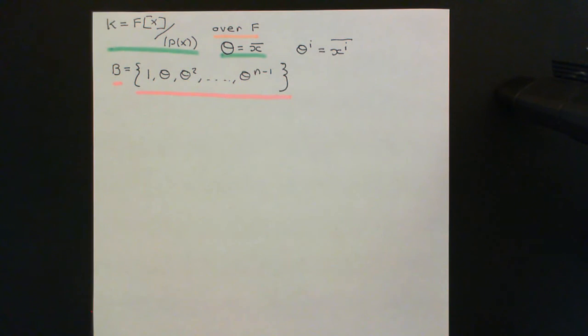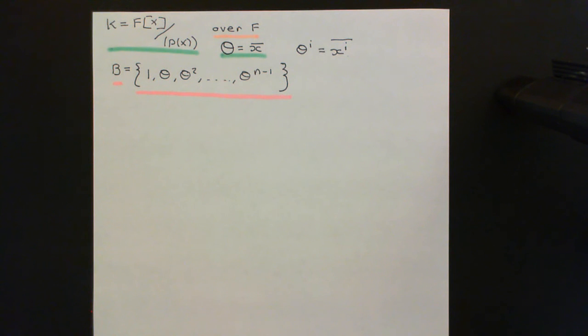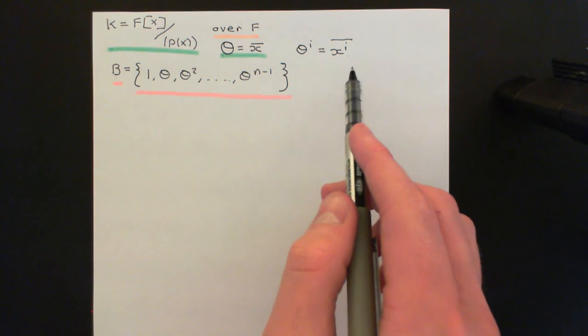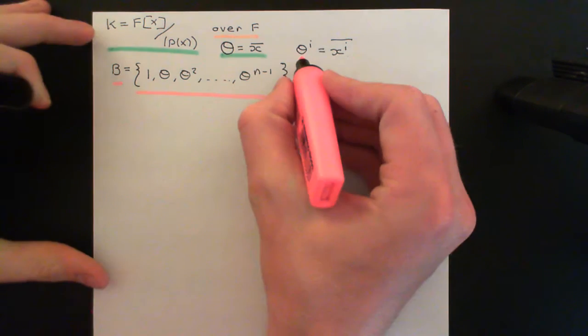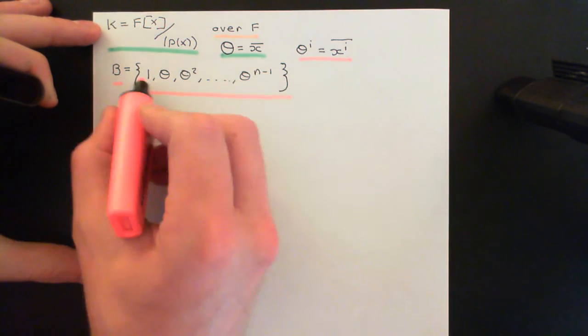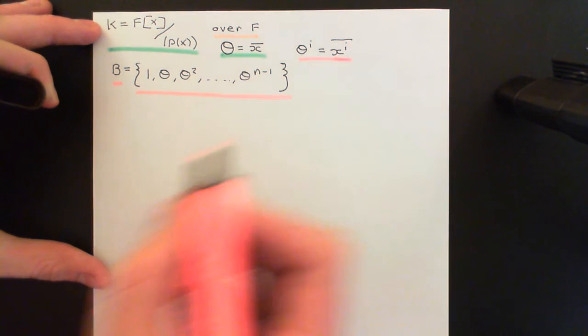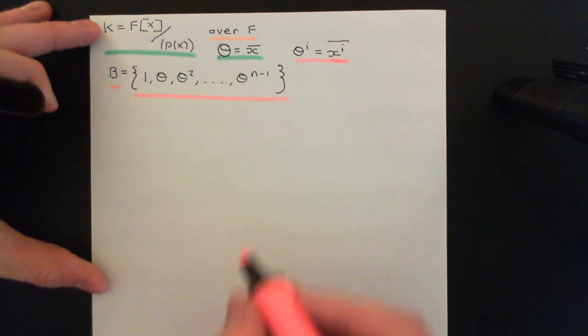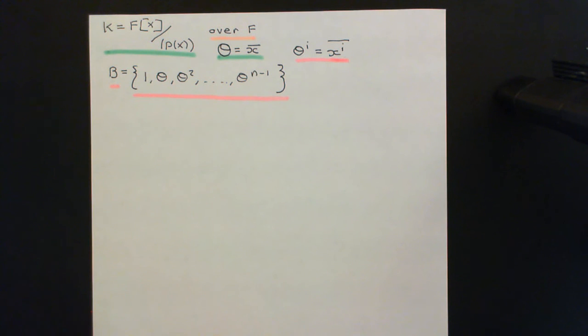So x to the power of i is a polynomial of degree less than n, so this will be a coset that is distinct from all the other cosets in this field extension. So these are elements of our field extension K, and all of these are distinct elements. That's the argument here, that this polynomial, of degree strictly less than n, is going to be in a different coset to all the other monomials of degree strictly less than n.